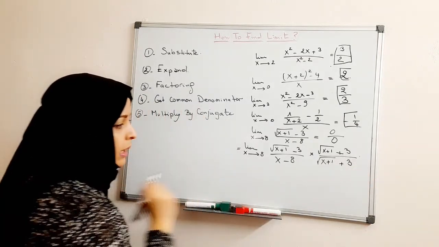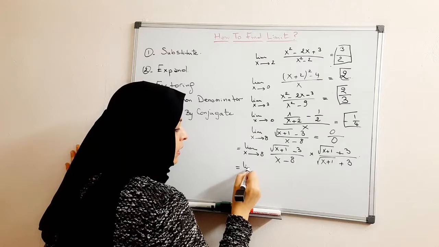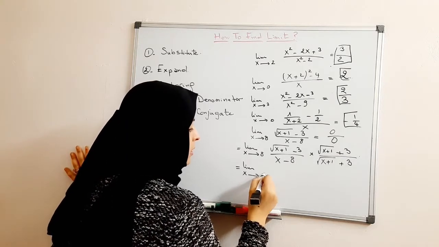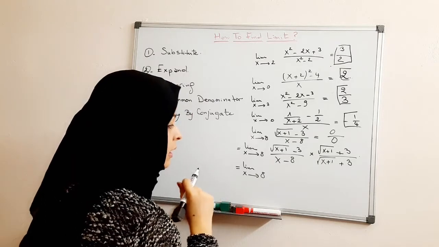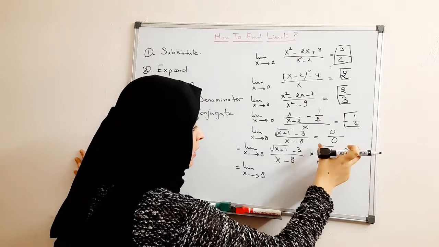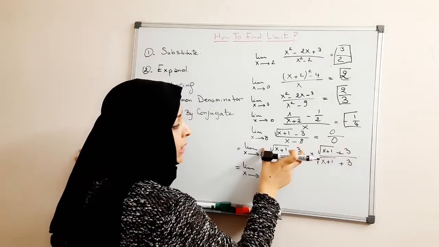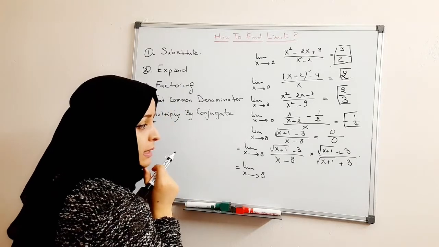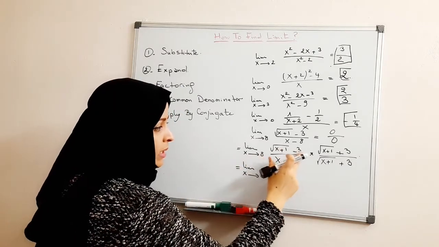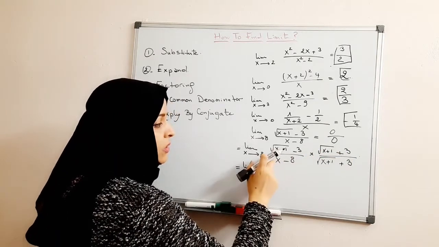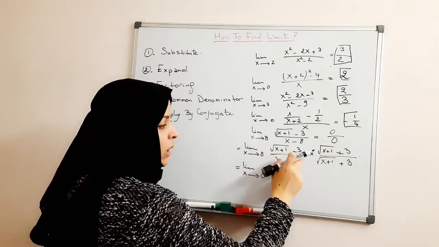Okay, so this is equal to the limit when x approaches 8 of this multiplied by this. It's a remarkable identity. A minus b multiplied by a plus b is a square minus b square.